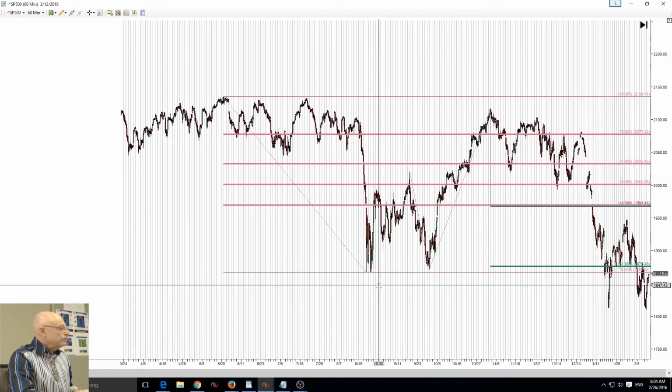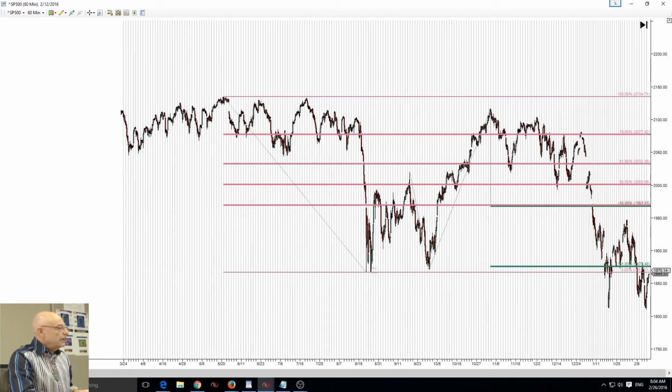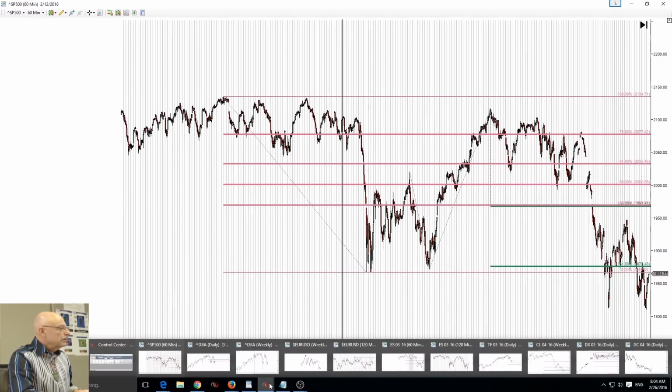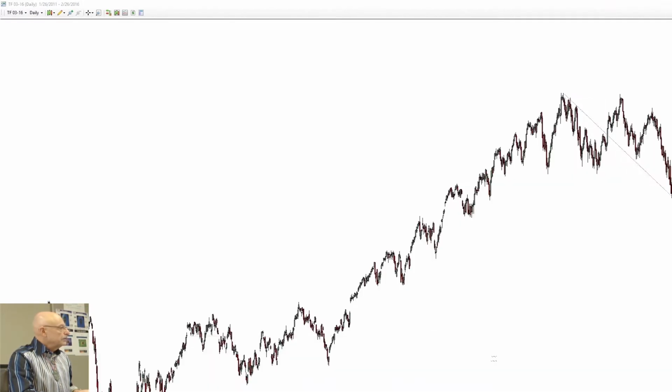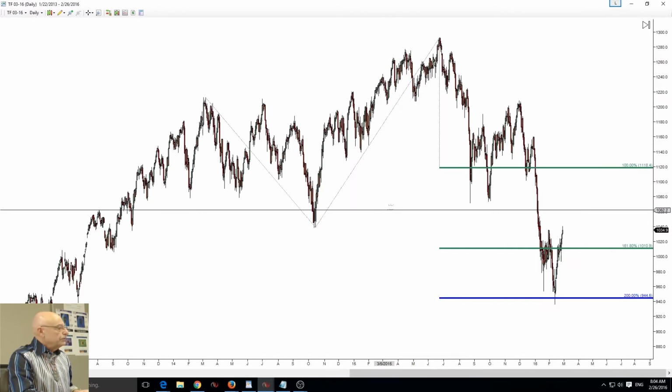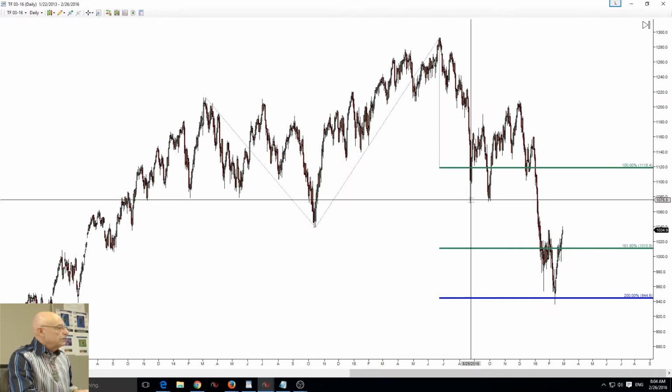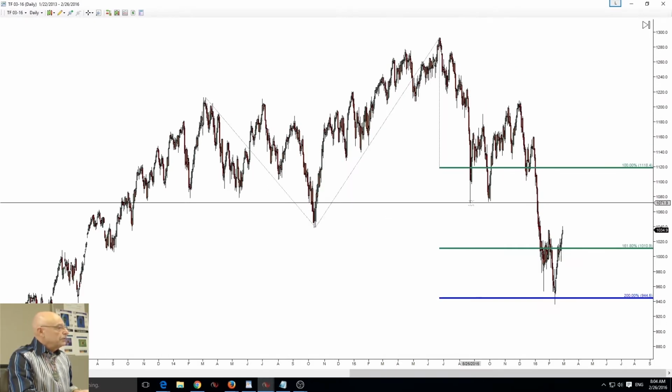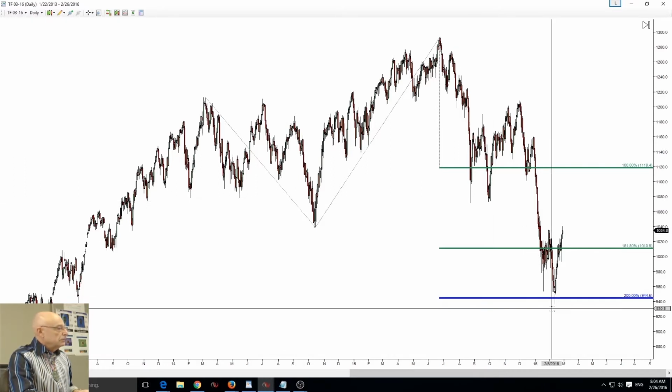So 8/24 here, and it's been broken. If you take a look, here is a Russell 2000. So here's 8/24. So it's been broken in a big way down.